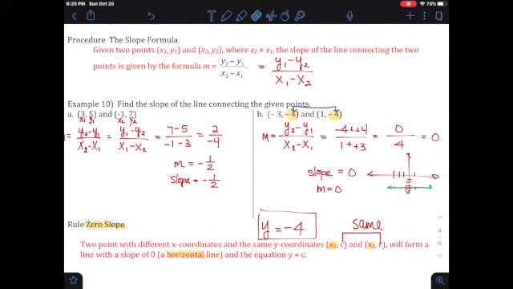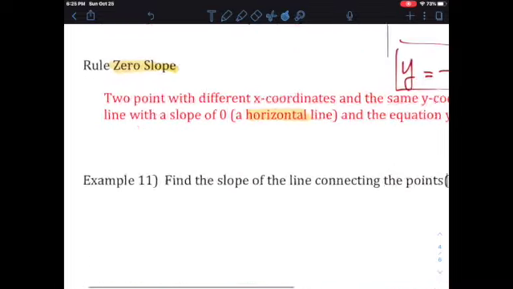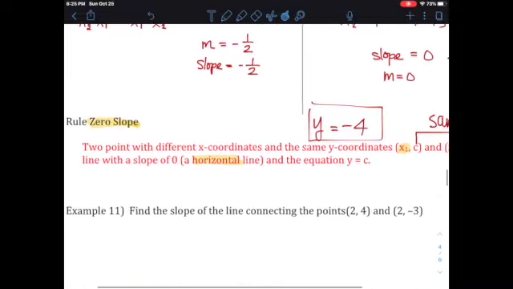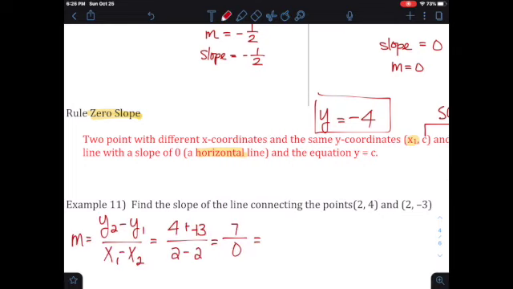Going on to the next example. I would like you guys to try this one. So you should be able to work out the slope. If you want to pause it, I believe a lot of you guys would finish up to 7 over 0 and leave it because, Miss Wiesman, there's nothing I can do. Wrong.